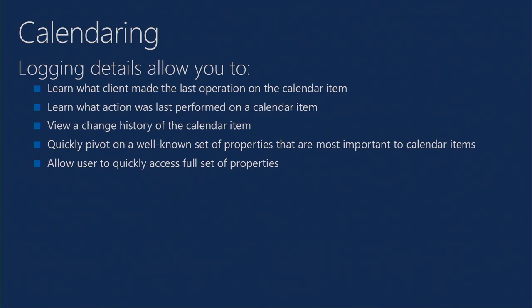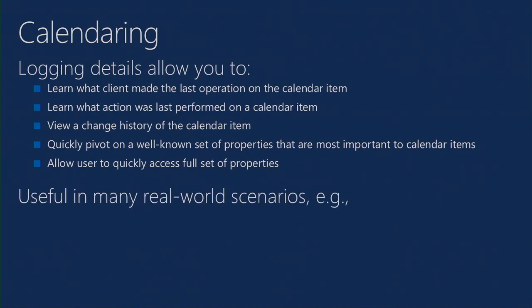You can quickly pivot on a lot of the well-known properties that make up a calendar item, like the organizer, the attendees, the location, the subject, the date and time for starting and ending of the meeting, and the time zone information if that's present, and so forth. And of course, it also allows the user to quickly access a full set of properties as well.